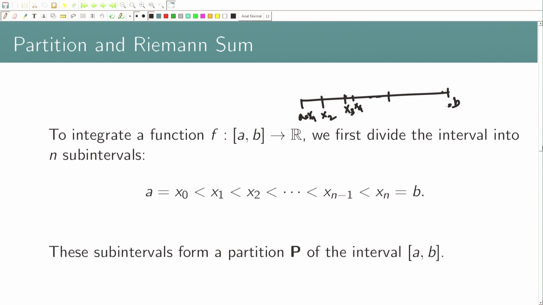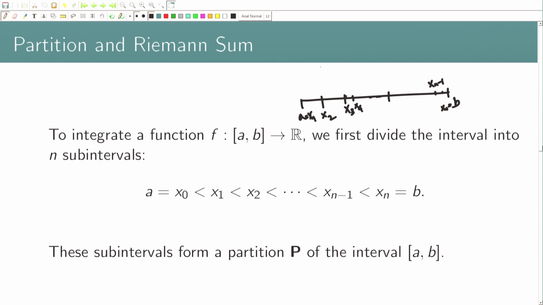We are just partitioning it, where the lengths between x i and x i plus 1 can vary. This is called a partition of a b.